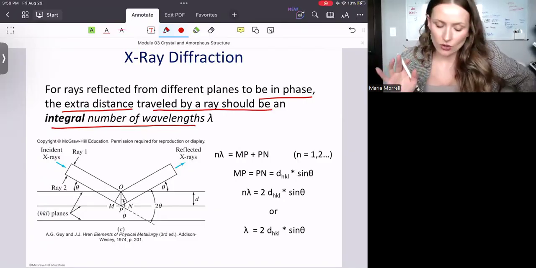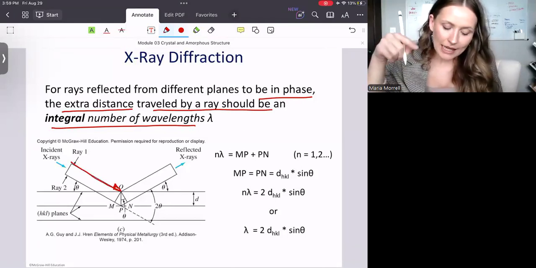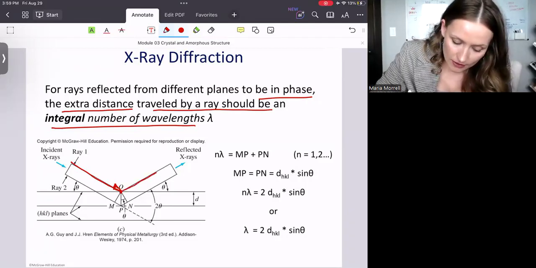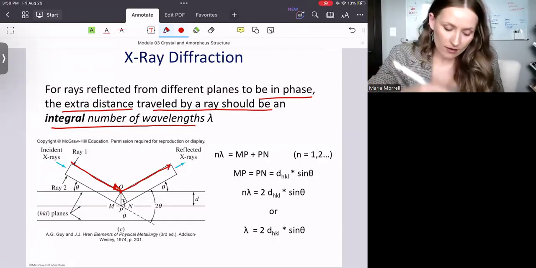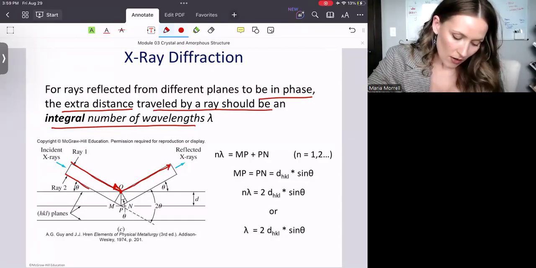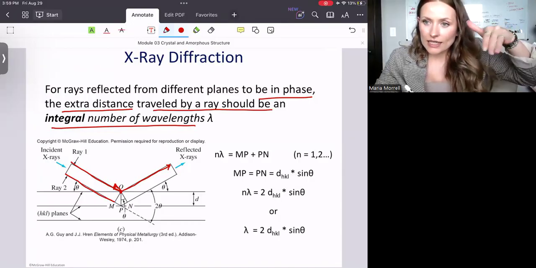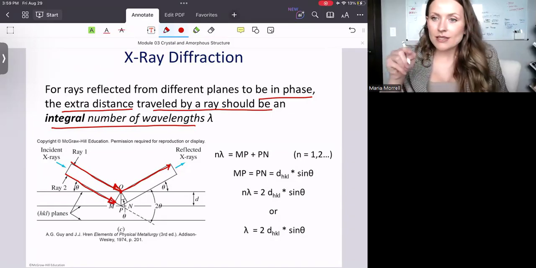Just so you understand, let's say I have a ray one, and it hits my plane one right here, and then it gets reflected. For the second ray to be in sync, if you notice, when ray number one is already getting reflected, this ray is going to be a little bit delayed.